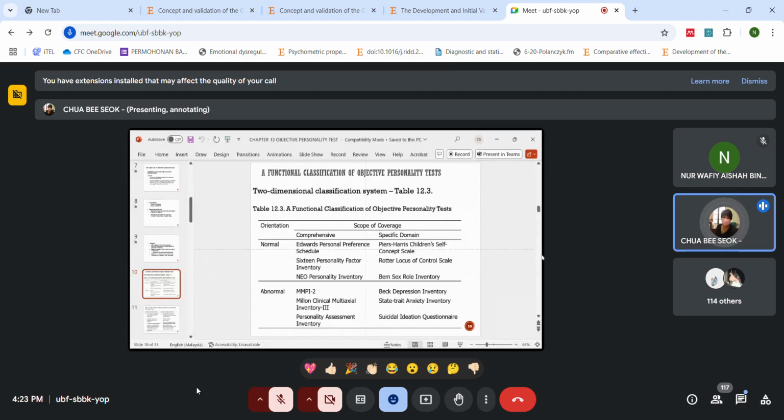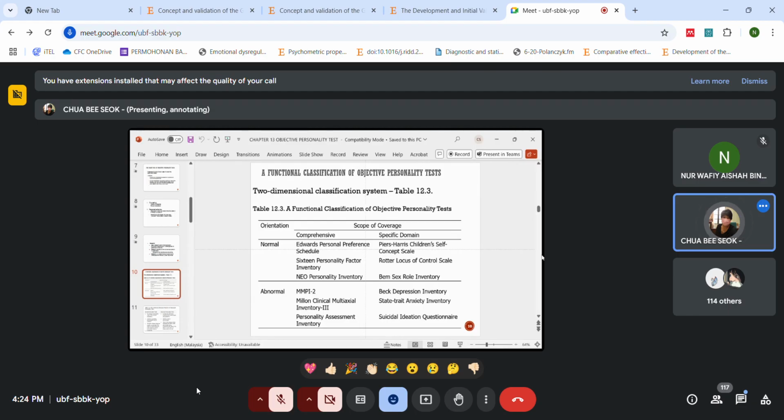NEO: N refers to neuroticism, E is extraversion, and O is openness to experience. They developed this personality test based on the big five personality theory.